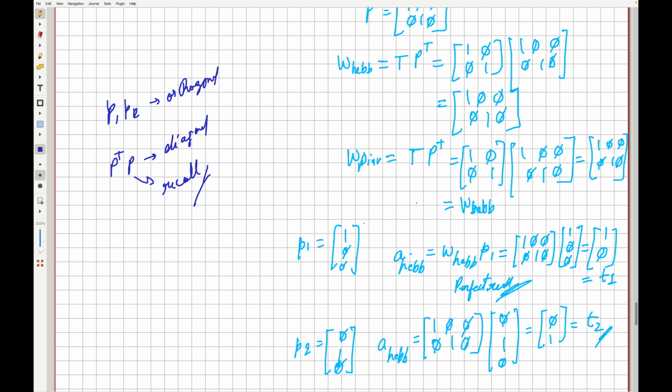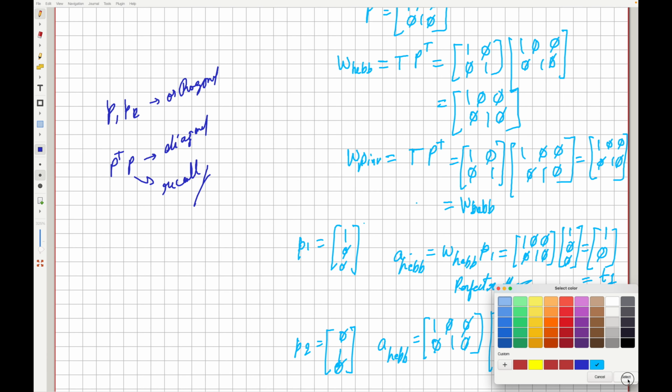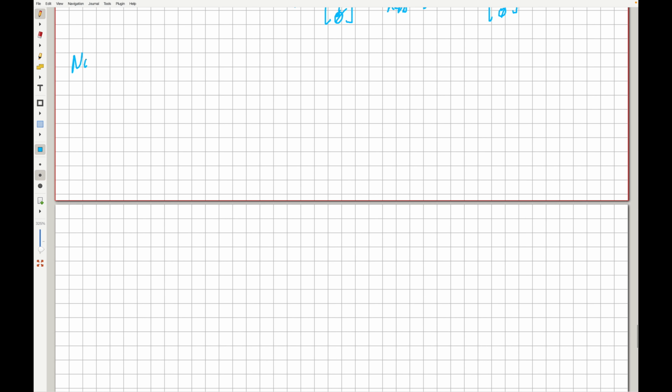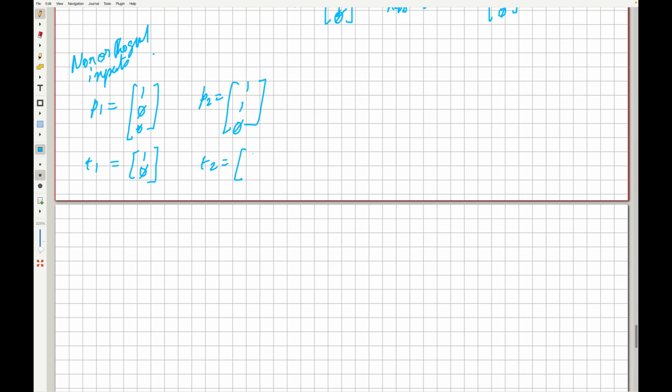Now let's look at the non-orthogonal case. So in the non-orthogonal case, let's see the inputs. So I'm going to scroll down here. For non-orthogonal inputs, let's say we have the two inputs P1 is equal to 1 0 0, and the corresponding T1 with this is 1 0, and P2 is 1 1 0, and the corresponding target output for that is 0 1.